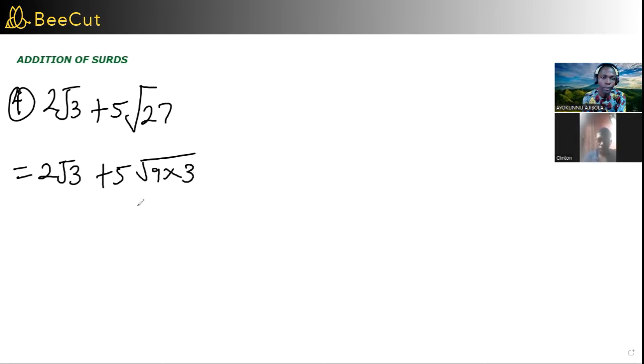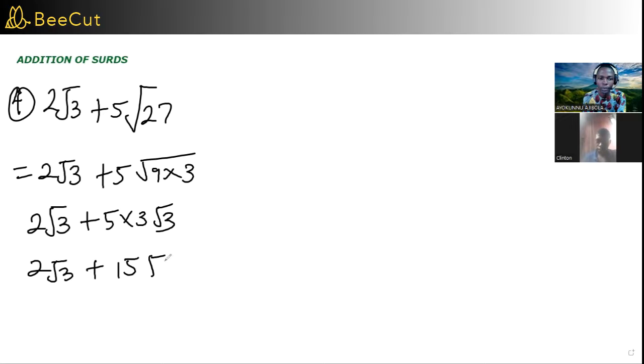That will be 2 root 3 plus 5 root 9 times 3. That is 2 root 3 plus 5 times 3 root 3. 2 root 3 plus 15 root 3. That is 17 root 3. Is that clear? Yes, sir.